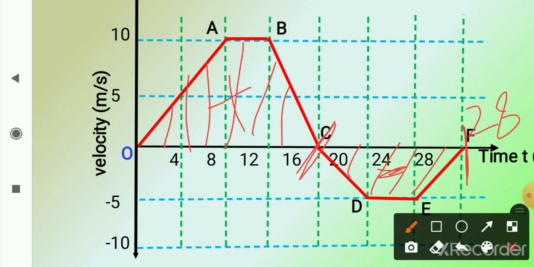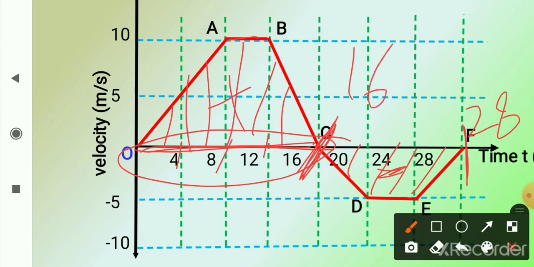Now, if you look at it, this is a trapezium, and here this side and this side are parallel. For a trapezium, one pair of opposite sides are parallel. Now, this base B1 for this trapezium is 16, as you can see, 4, 8, 12 and 16. And the other base is, see, 8 second to 14 second, parallel to this.